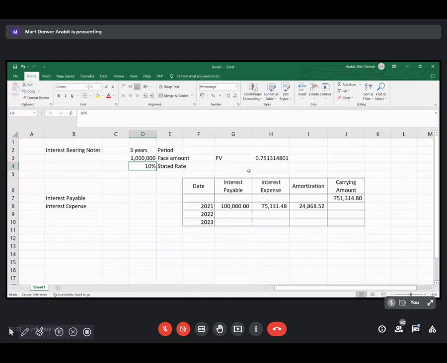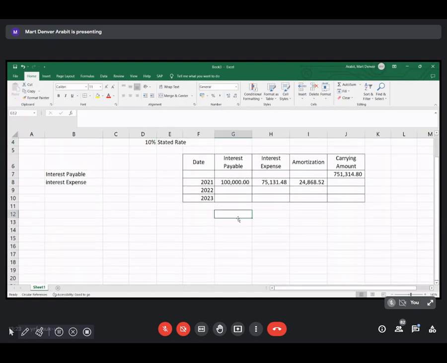So, this is, for example, for 2021. What is the entry for this? Interest payable. Anyone?